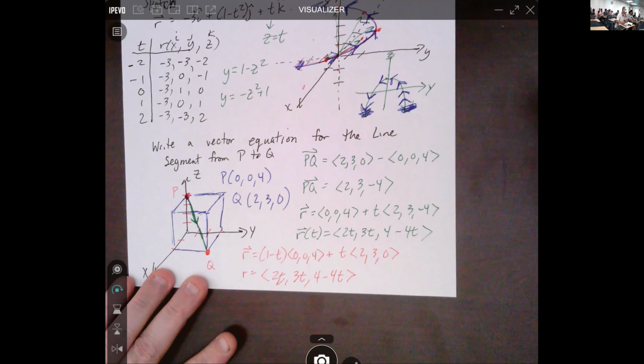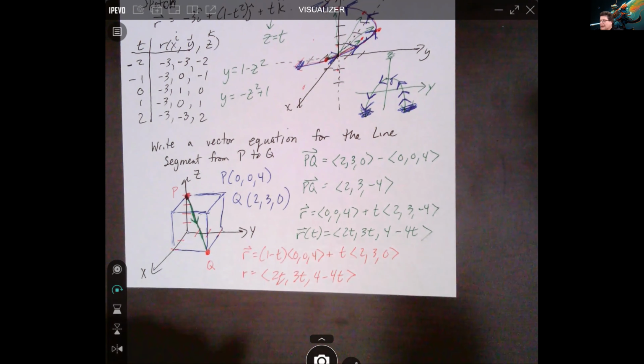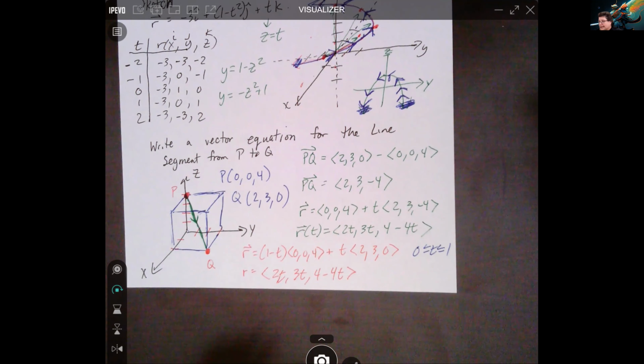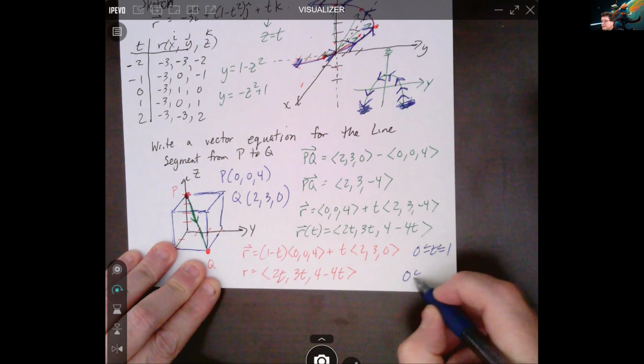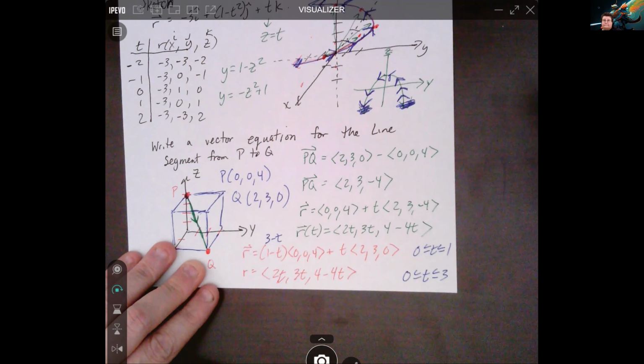Compared to the first one, is that always going to be 1 minus T for the initial point and T for the terminal point? Yes, for a line segment from t equals 0 to 1. If I wanted to go from like 0 to 3, that first one would be 3 minus T. This is only for a straight line.